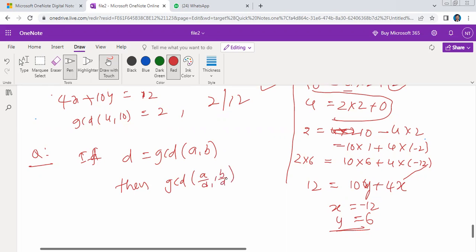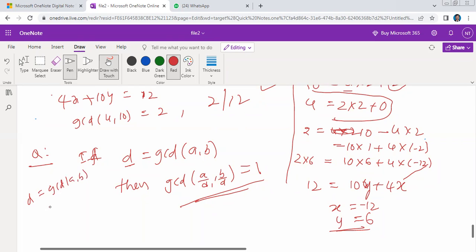Can anyone guess the answer? 1. Yes, it is equal to 1. Whenever we divide A and B by D, the GCD of A by D and B by D is always equal to 1. You can take any number and check it. For example, D is equal to GCD of A comma B.